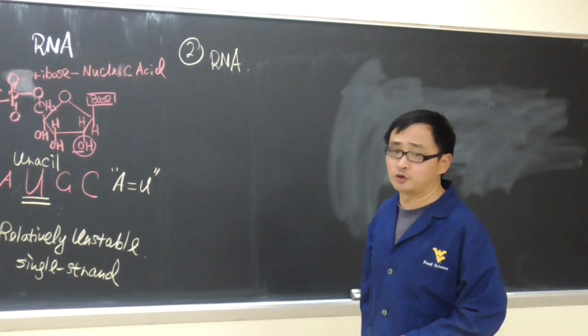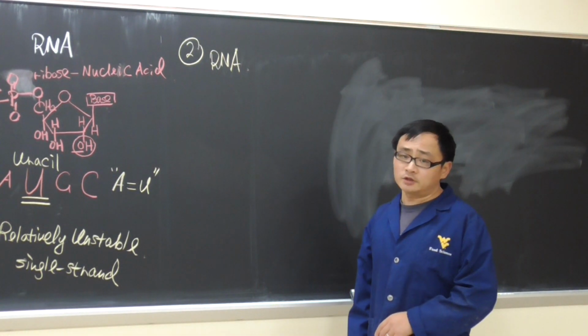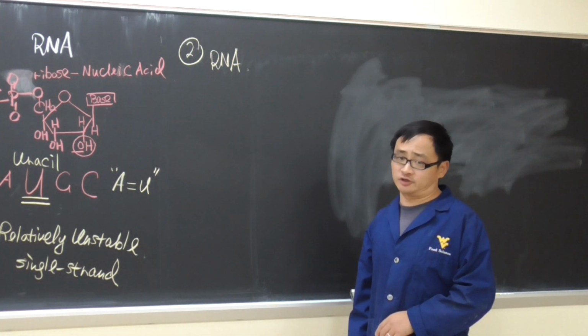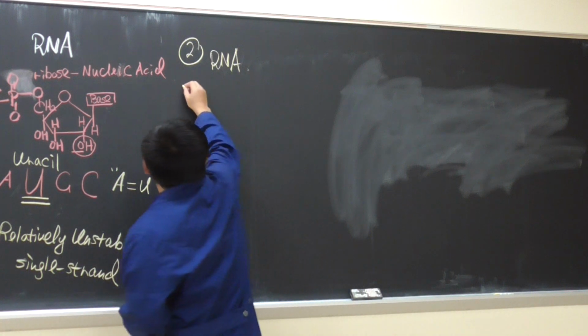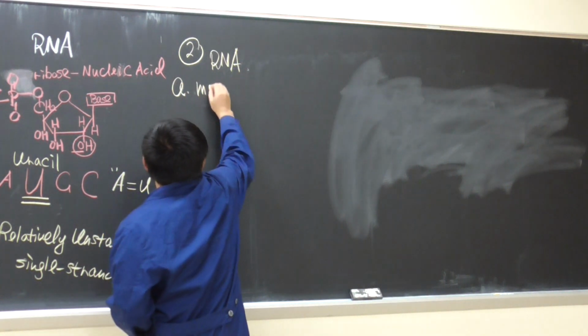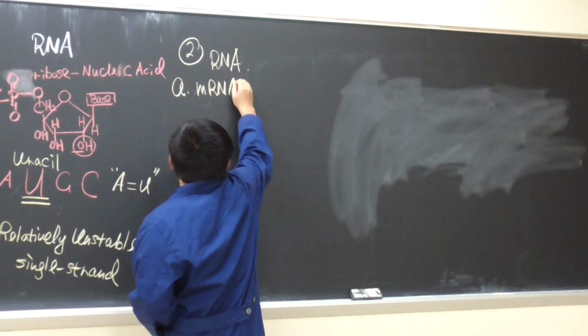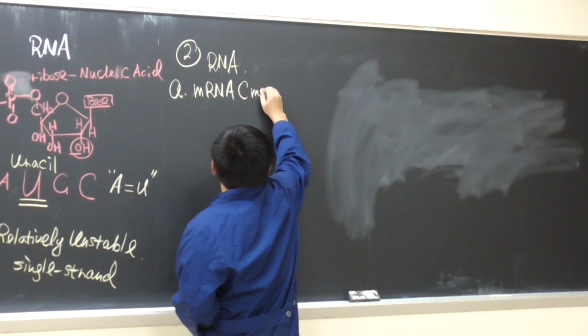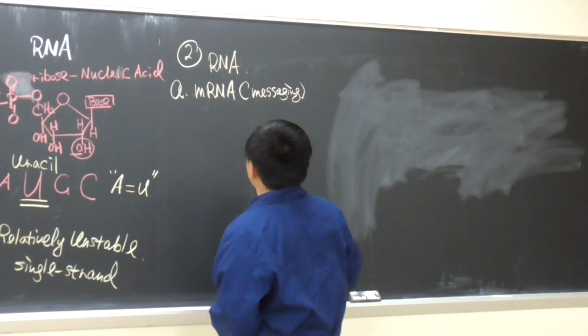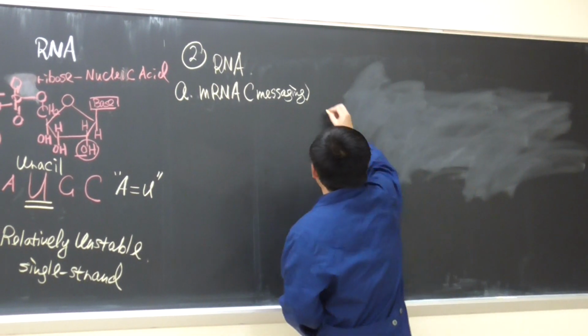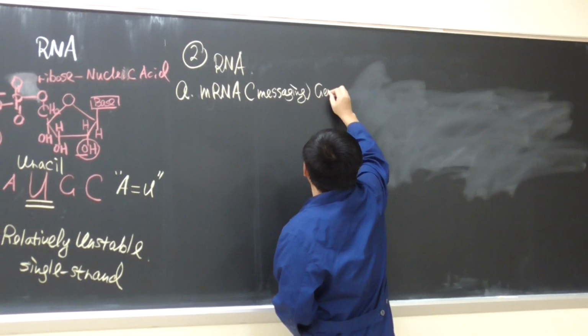So first question for you. What are the three major types of RNA? Number one, mRNA. We call it messenger RNA. Why? Because they have a genetic code.